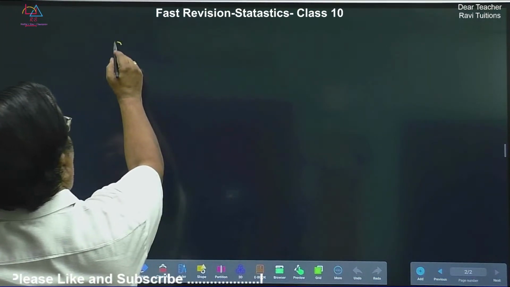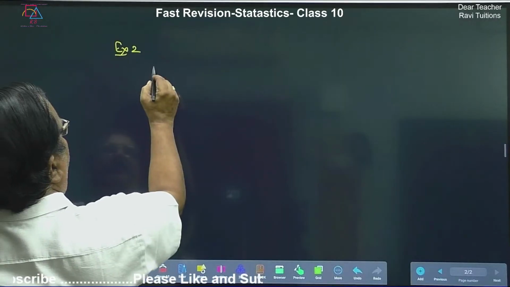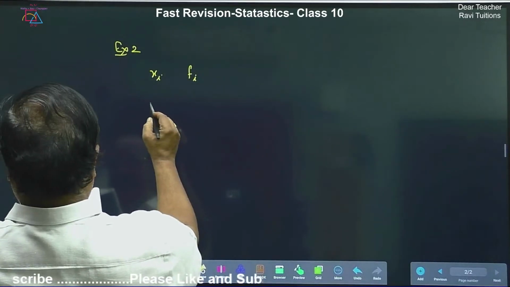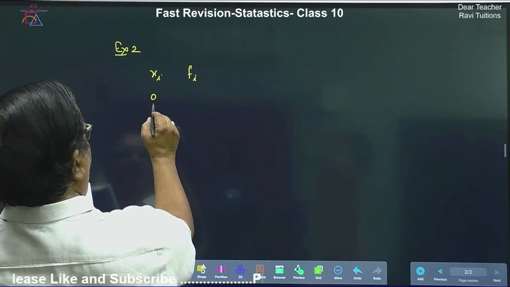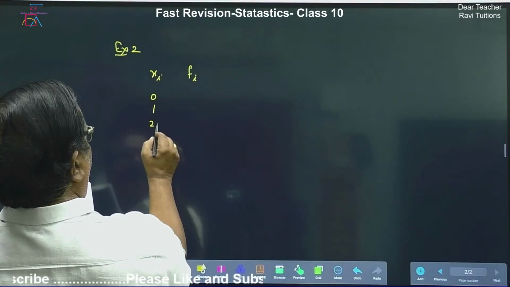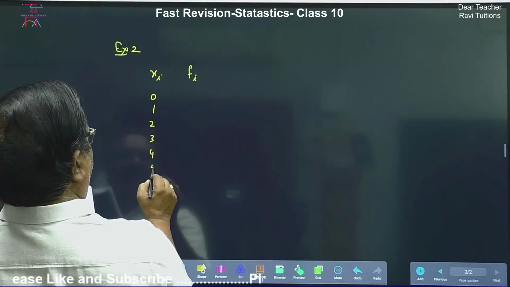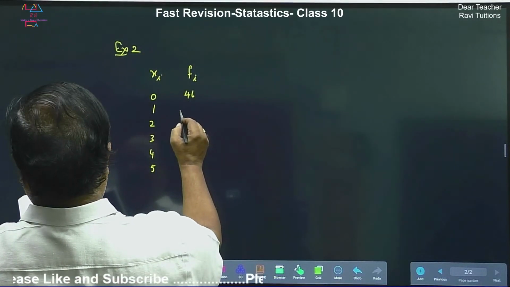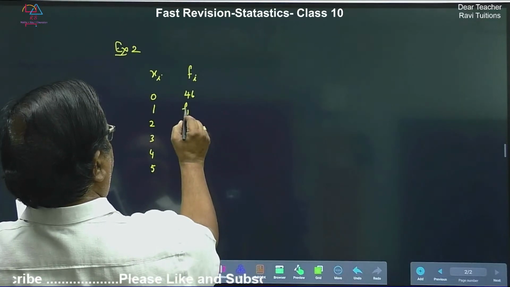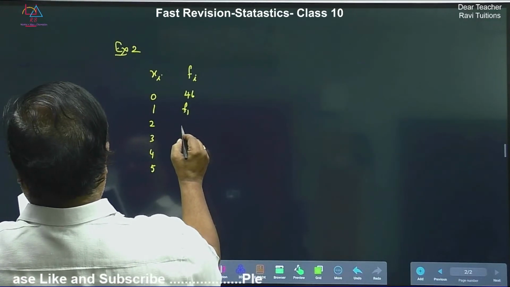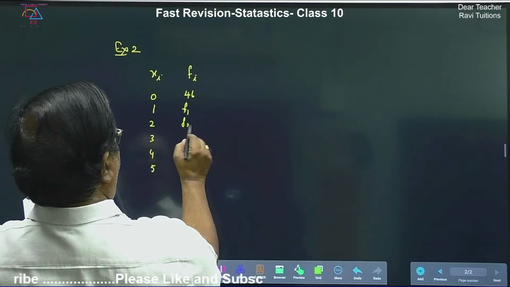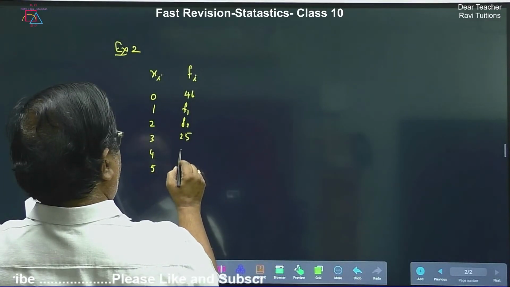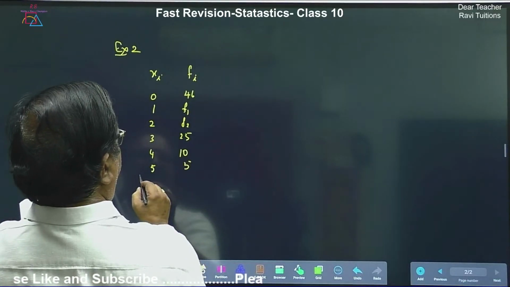Example 2. xi is given, fi is given. xi is 0, 1, 2, 3, 4 and 5. fi is 46, f1, f2, 25, 10 and 5.